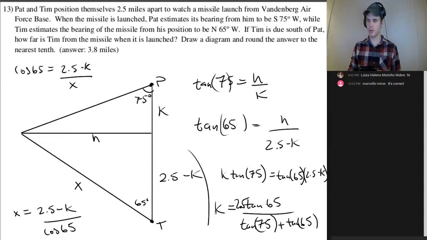So we've got 2.5 minus tangent 75, tangent 65, cosine 65. So I'm getting 3.756. Yeah, so 3.8.